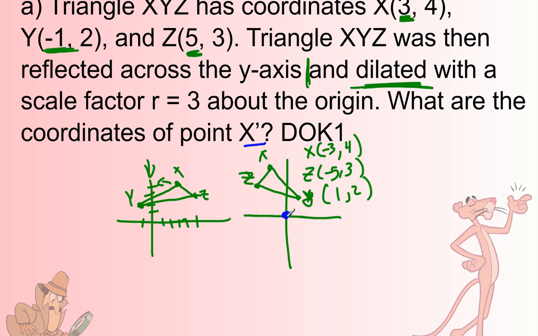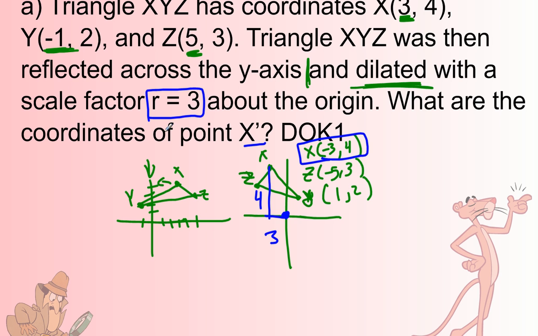So for me to get from the origin to the x point, here it is, right now I would have to go left 3 to -3 and up 4. If I dilate with a scale factor of 3, it's going to be 3 times farther away.